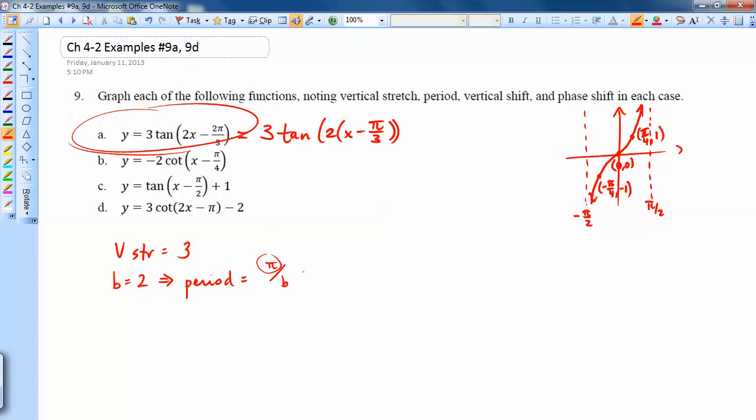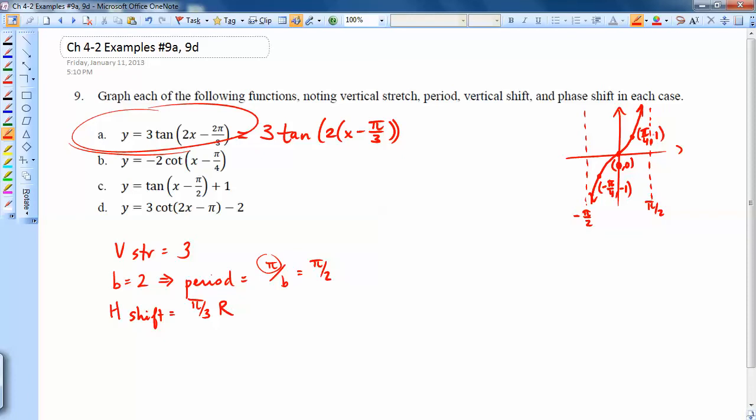So in this case it's really just pi over b, so it's pi over 2. Let's see, what else do we need? The horizontal shift is going to be pi over 3 to the right. Okay. So let's take a look at what this means.